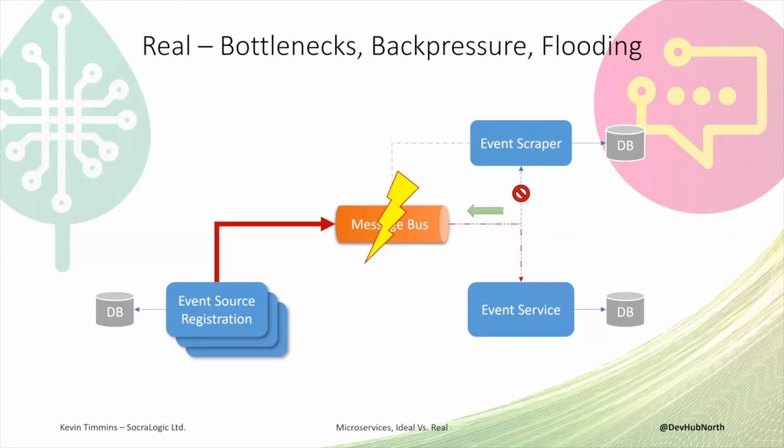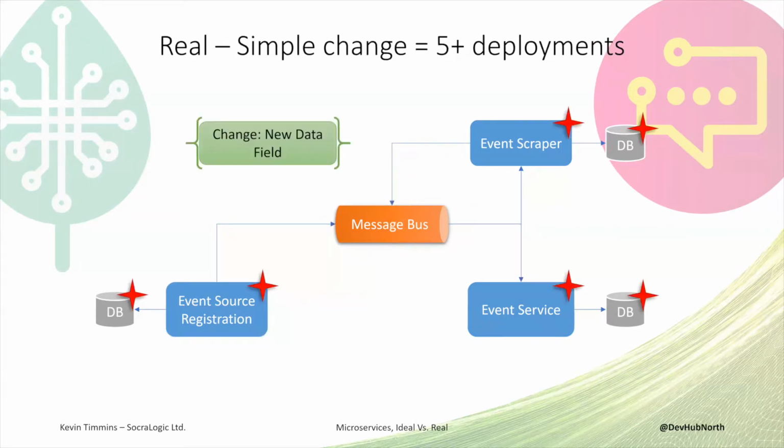Let's talk about another one. One of the realities that we've been told about is that we only have to update and deploy a single service at a time. Well, that's not really the case. So we've got a relatively simple change here. We're just adding a new data field to our message, which is being passed around this system.